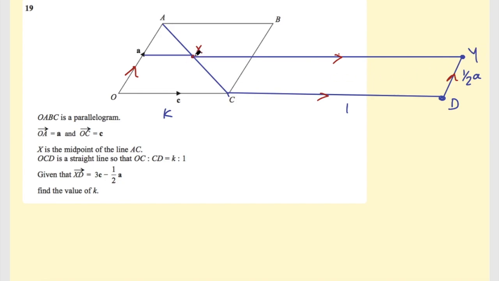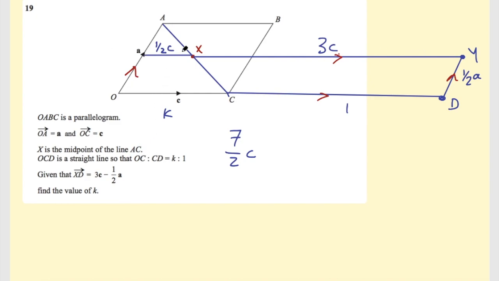We know that the line X to Y is 3 lots of C. And because X is the midpoint of this diagonal, we know that this section here will be a half of C. So this entire line will be 3.5 C, or we can also write that as 7 over 2 C. Okay, how does that help us?